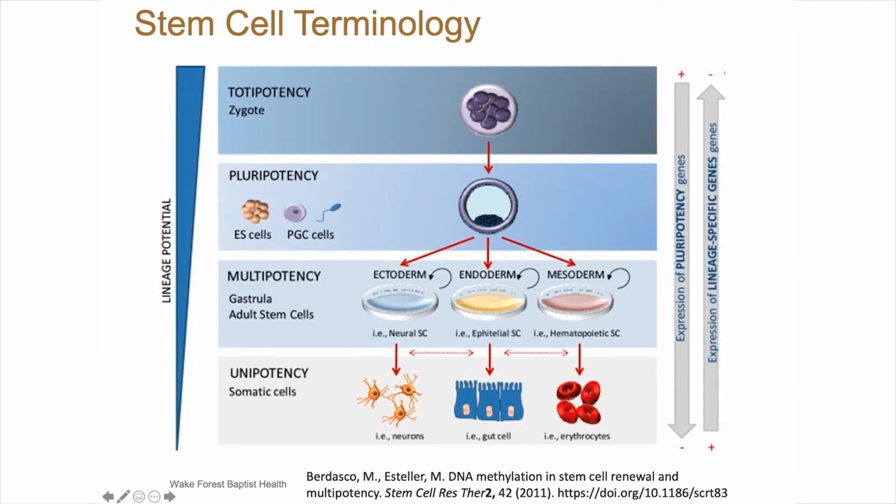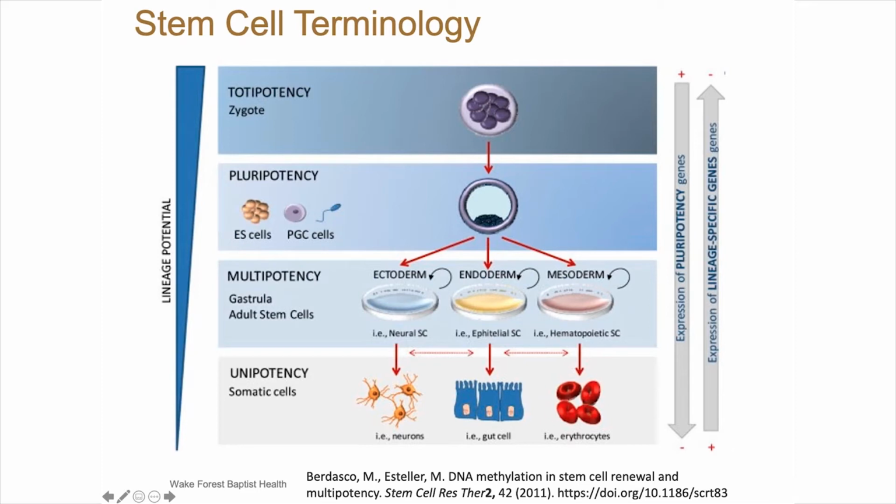Whereas pluripotent stem cells are the embryonic stem cells that are commonly talked about. These come from a later stage embryo, and they can form all of the tissues in the body, but not the placenta, the extra-embryonic tissues.